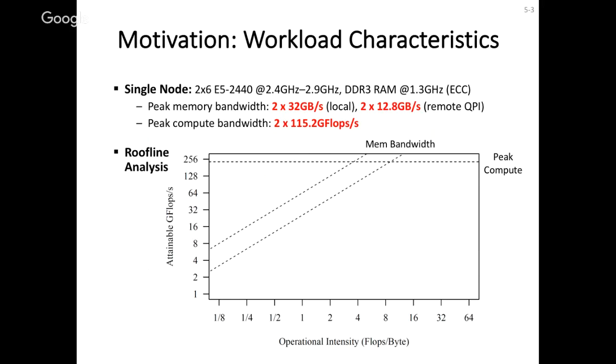The horizontal line is essentially peak compute, whereas those diagonal lines are your maximum memory bandwidth. This gives you a roofline, and now you can map your applications and determine very easily what is the limiting factor in your application.